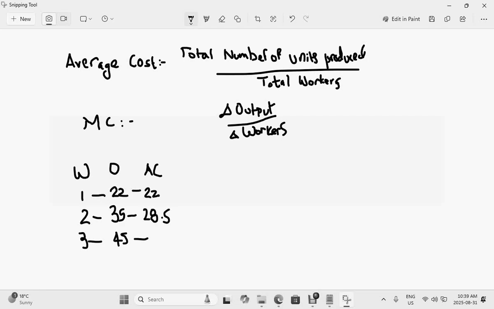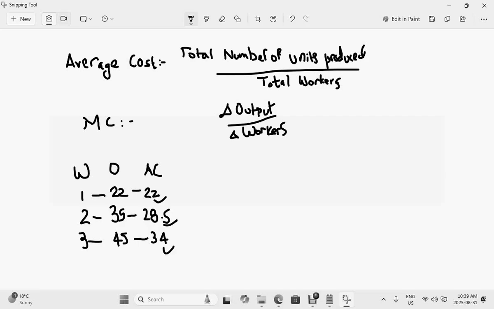Over here you have 45 plus 35 plus 22 units altogether, divided by 3, so this will be 34. So notice your average cost goes up as your workforce is enlarged, becomes bigger. So your average cost goes up as you hire an additional worker.